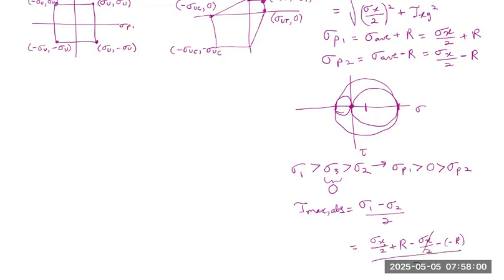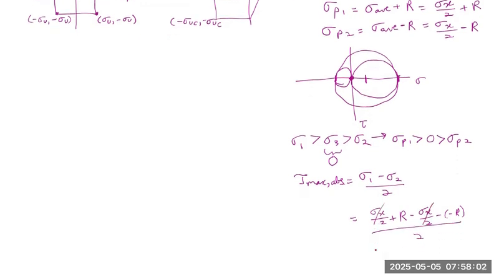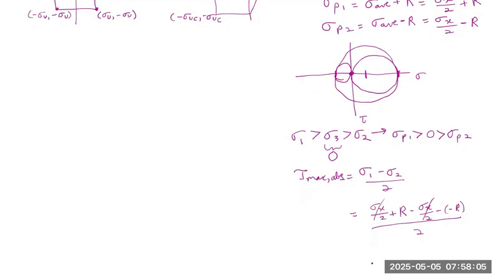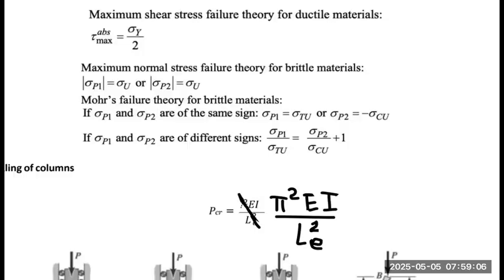So our sigma x over 2 values cancel out, and we are left with R minus minus R, which is 2R over 2, which is equal to R. So our Tmax absolute is equal to R. And if we review again our maximum shear stress theory, it says that Tmax absolute is equal to the yield strength over 2.